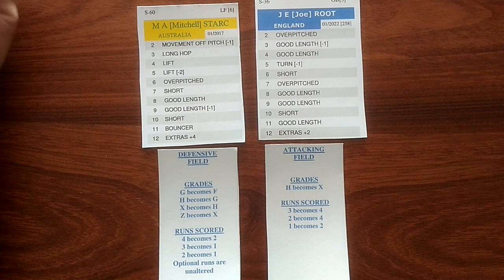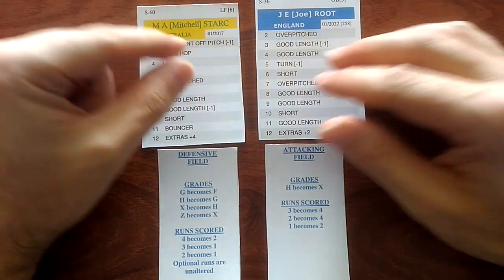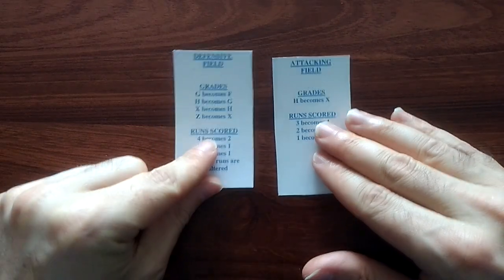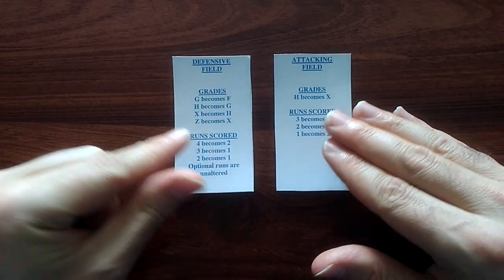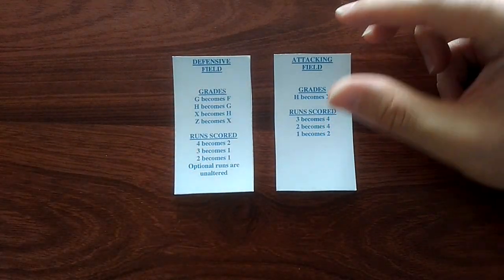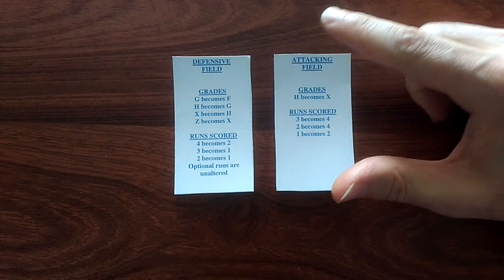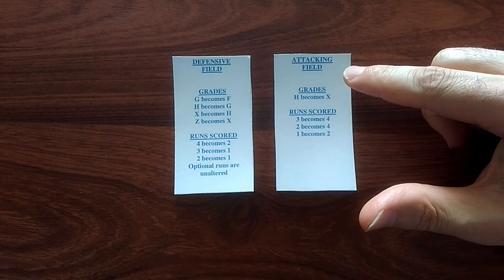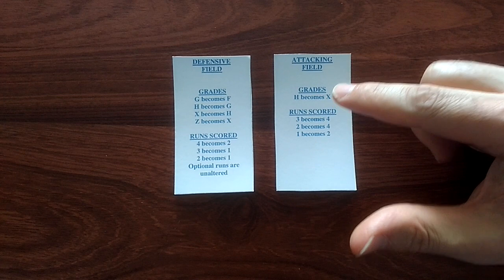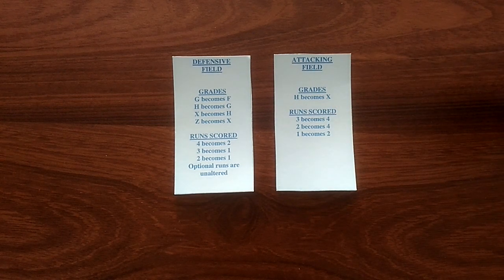You can then choose to have different field settings, some of them on the attacking side and some on the defensive side. So we have these two cards here, and they're fairly easy once you get going with them. If we look at the attacking card, this card is more for the fielding team or the bowling team wanting to take more wickets.